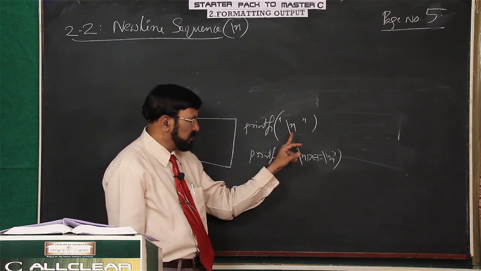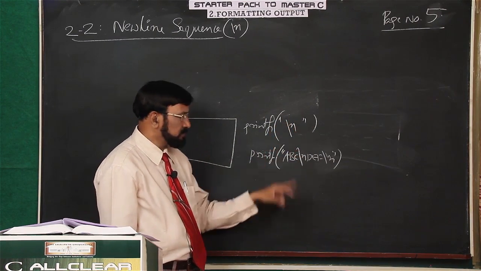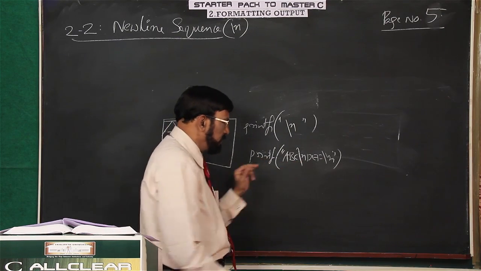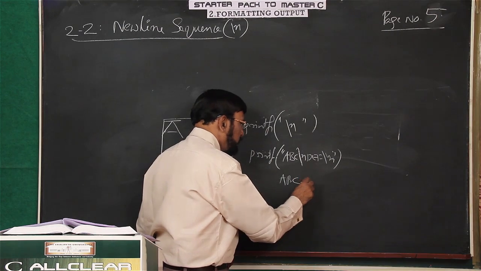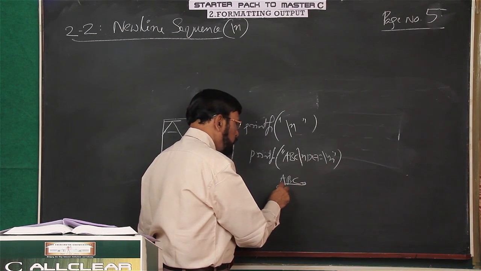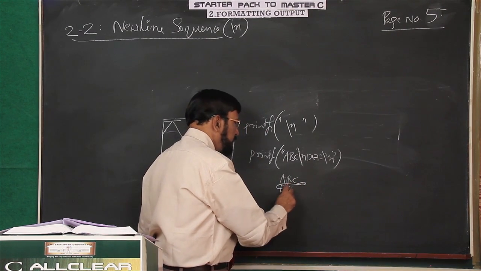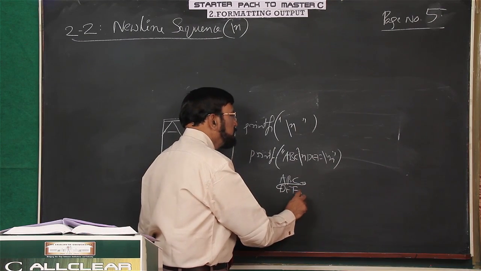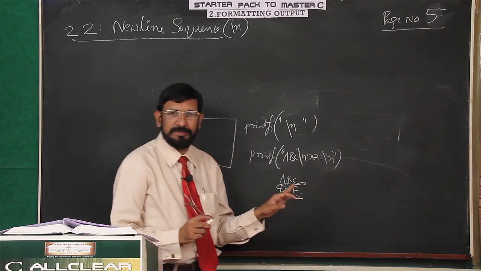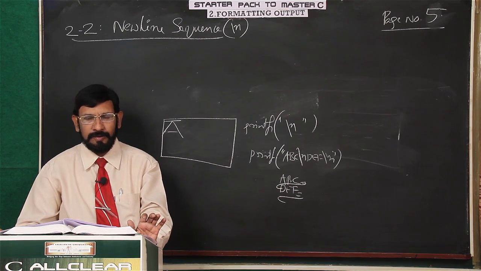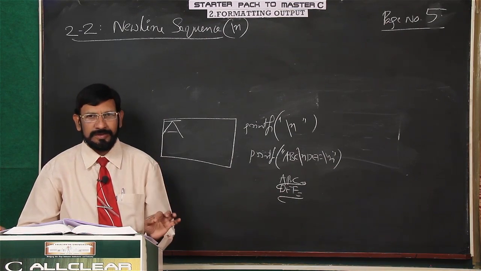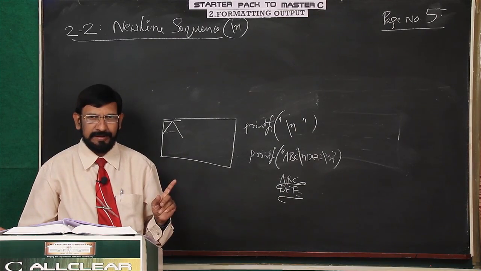Always the newline sequence should be part of the printf statement. Wherever you write it, after A, B, C the line is broken, and the cursor is moved to the first position of the next line, D, E, F. So where you want to break the data, there you insert the newline sequence. It is the line breaker.